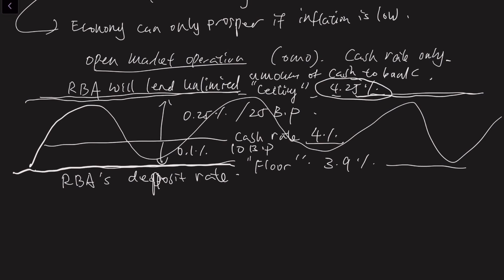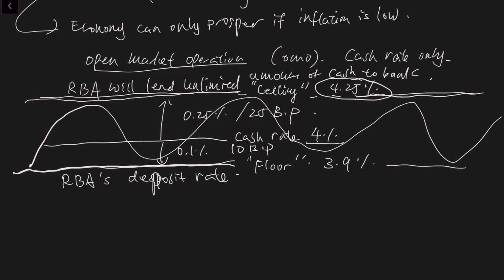Because no one will want to borrow from other lenders at a rate higher than 4.25%, because they know they can borrow an unlimited amount of money from the RBA at 4.25%.